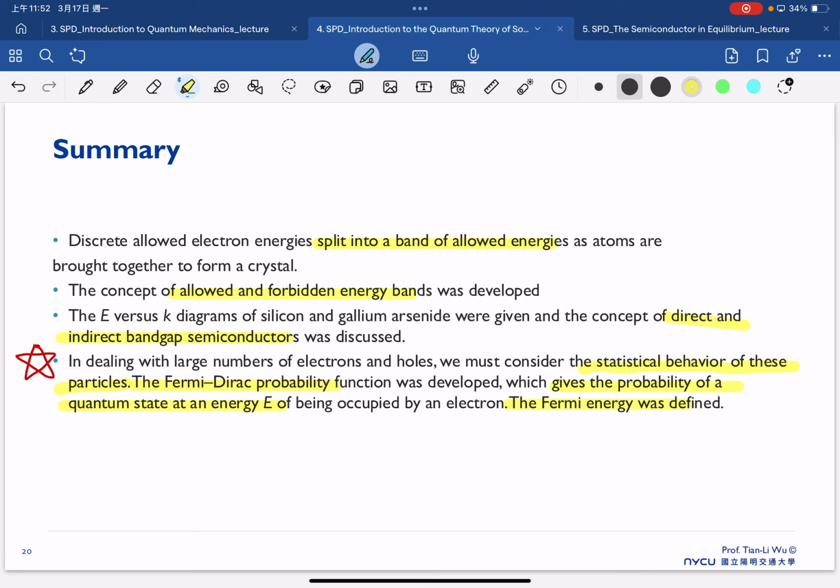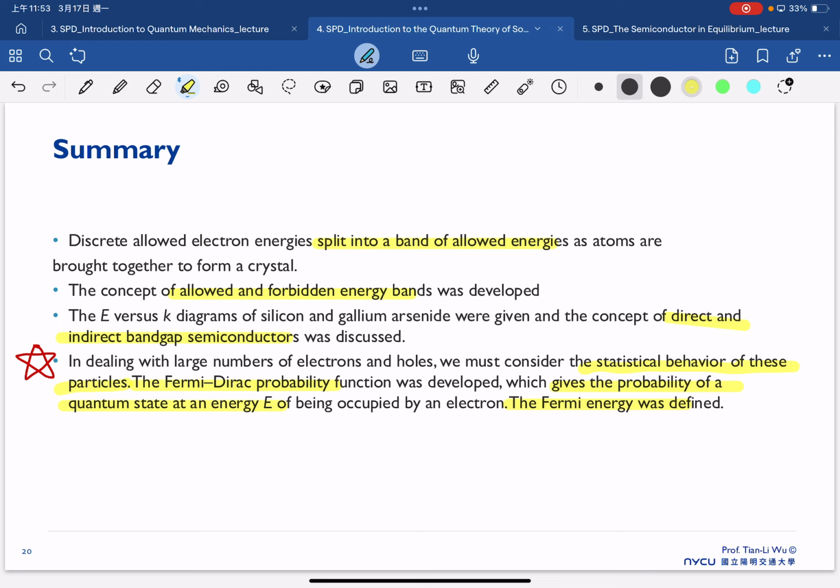Okay, so in this chapter we mainly try to extend a little bit of the knowledge of quantum mechanics, using this quantum theory for our solid, and in the end we have the concept of the band diagram. And the next goal is that we want to understand the current. But to understand the current, first we need to know how to estimate the carriers.